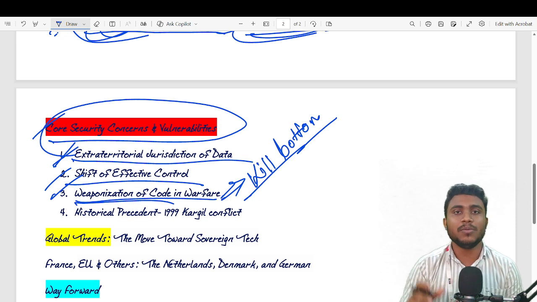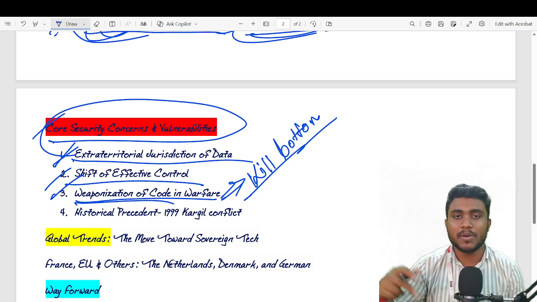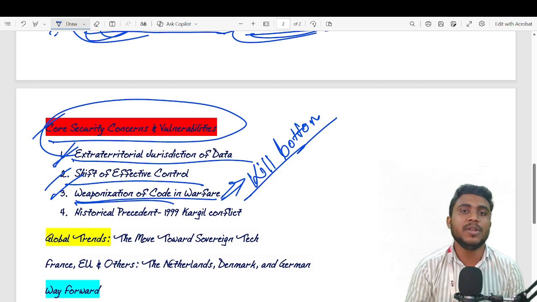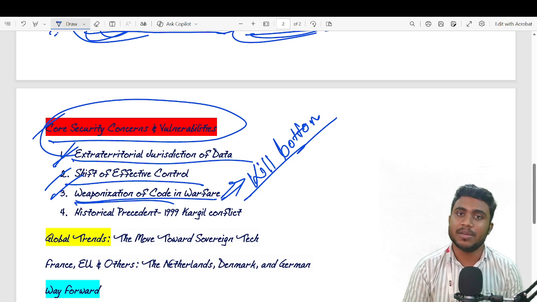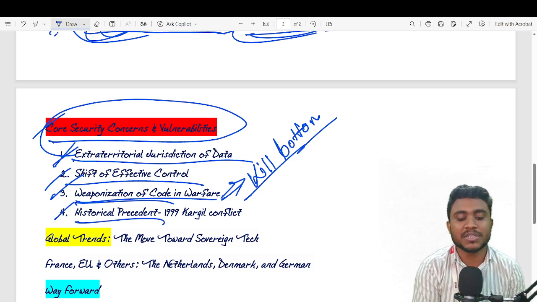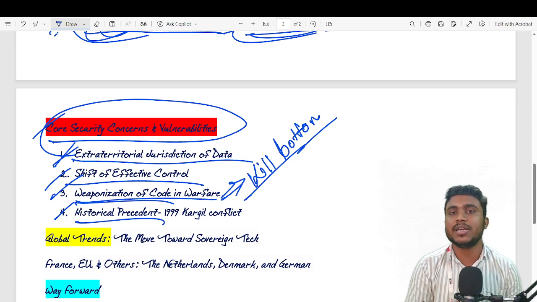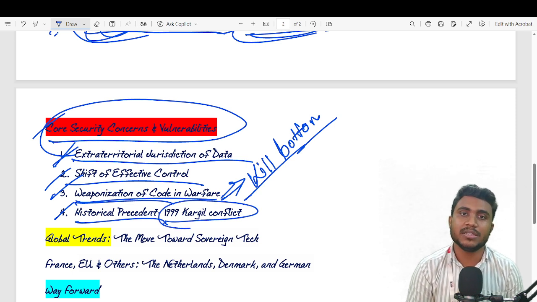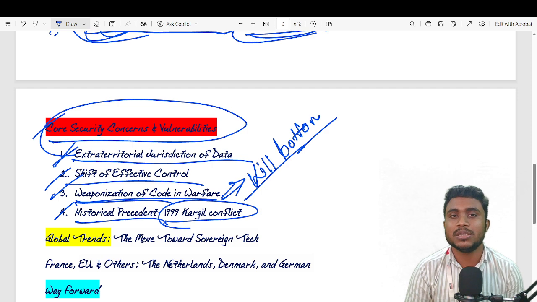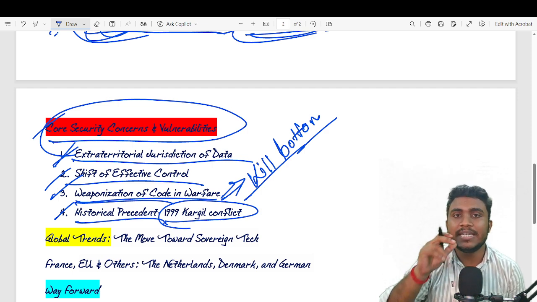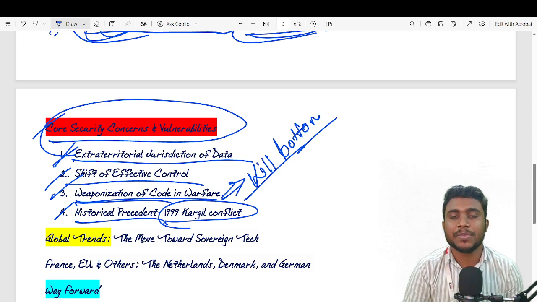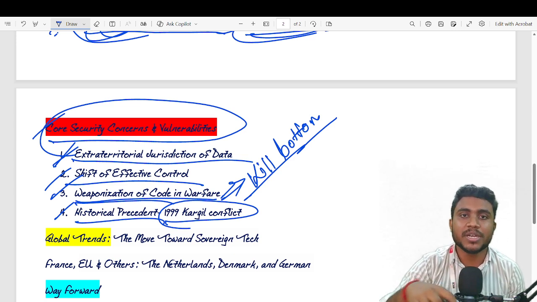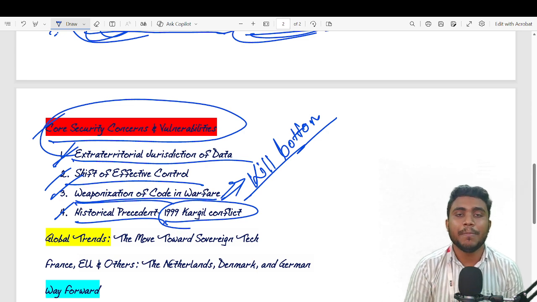So these things are the weaponization of code in warfare. During a war, our opponent can manipulate our modern warfare systems. Then historical precedents: we have very strong historical examples like the 1999 Kargil conflict. During the Kargil conflict, we needed satellite data and views of Pakistan-occupied Kashmir. But the USA denied the GPS locations.